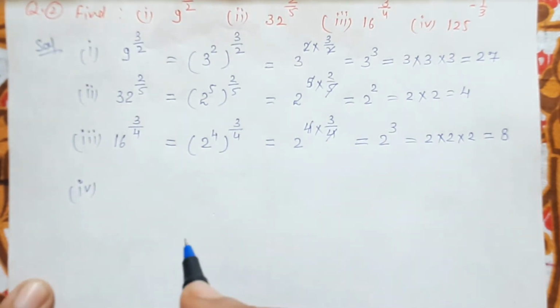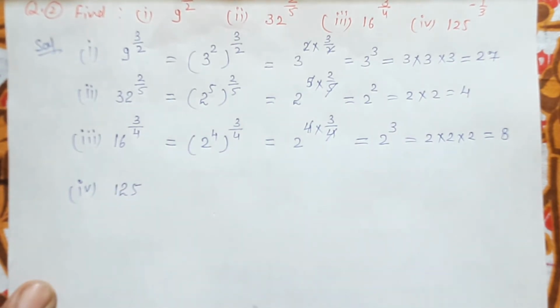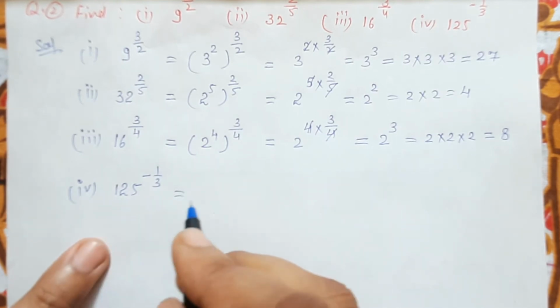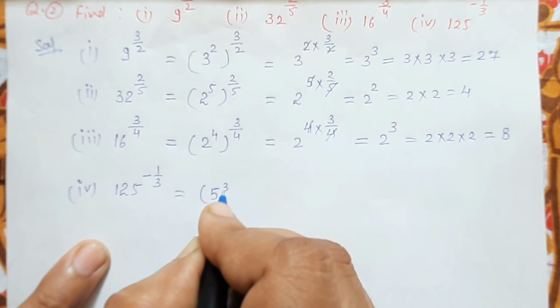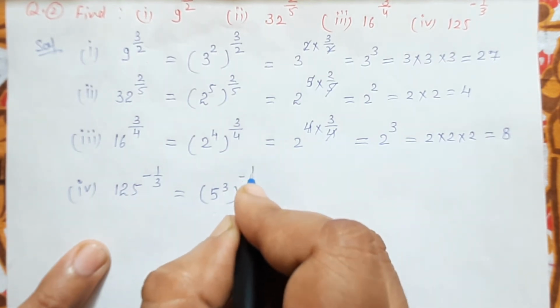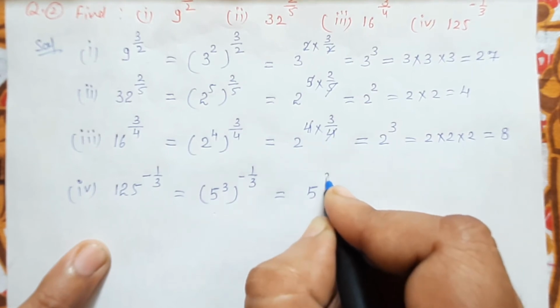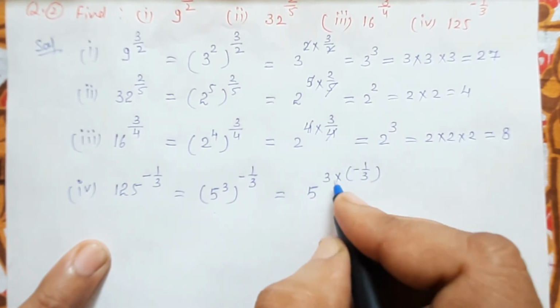In part four we are given 125 raised to power minus 1 upon 3. So we know that 125 can be written as 5 raised to power 3, and its power is minus 1 upon 3. So this can be expressed as 5 raised to power 3 into minus 1 upon 3.